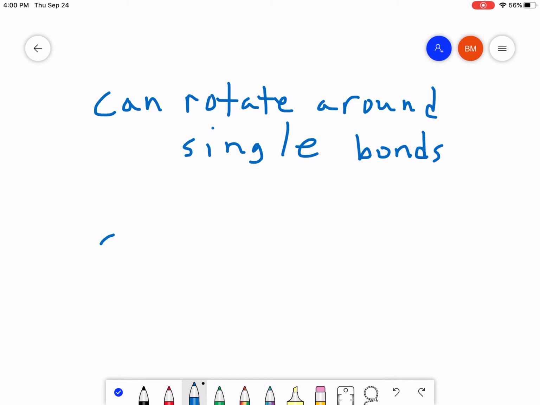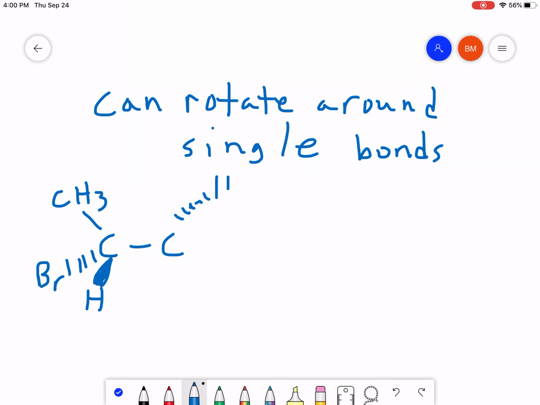Here's an example. This one, when you first look at it, has 2 stereogenic centers. Now, whenever you look at this one at first, this one doesn't really look like it would have a plane of symmetry, right?